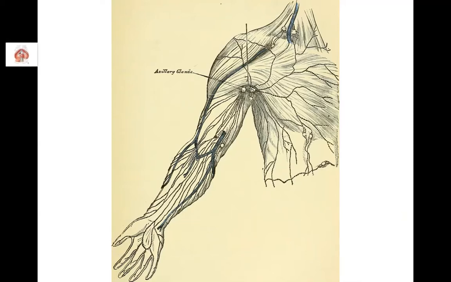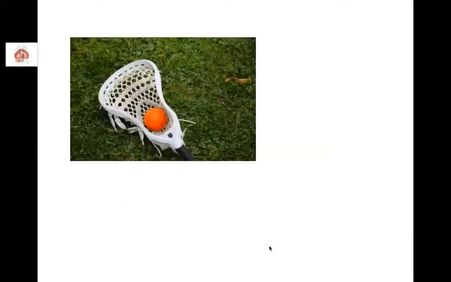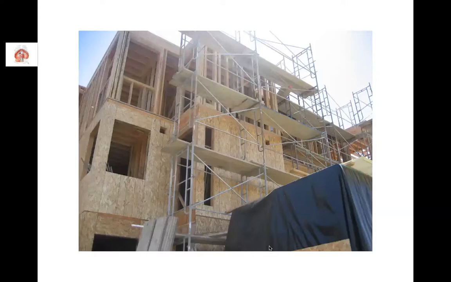Diaphragm in the palm of the hand. Sheathing on a building is a diaphragm. This is actually important. This is another very important one for jiu-jitsu.